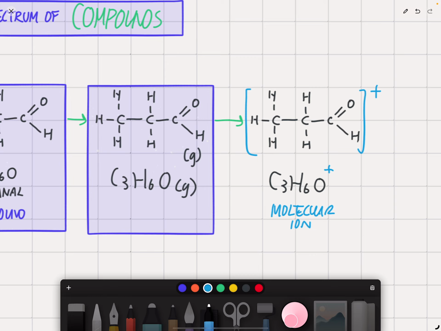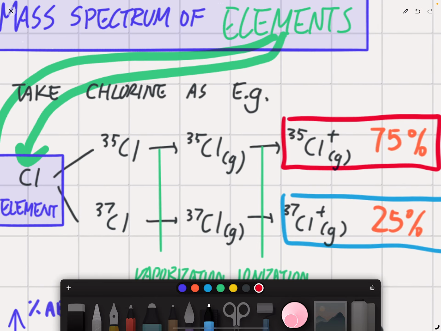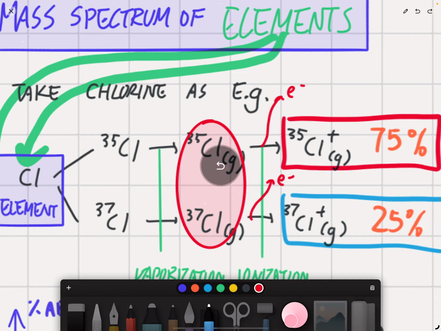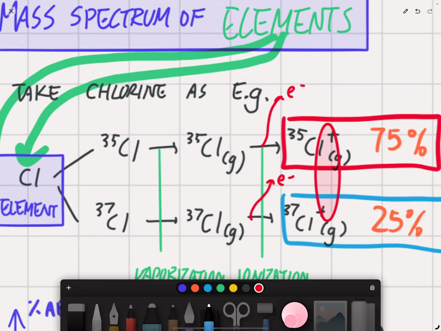This molecular ion is formed when electrons are knocked out from this neutral molecule. So we have actually stripped away an electron like we did in here. We are stripping electron away from this neutral sample in order to form these positive charge ions on the right.